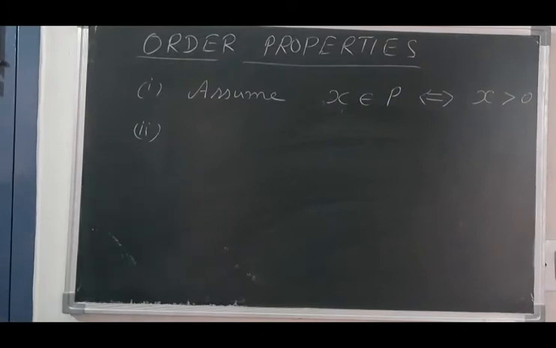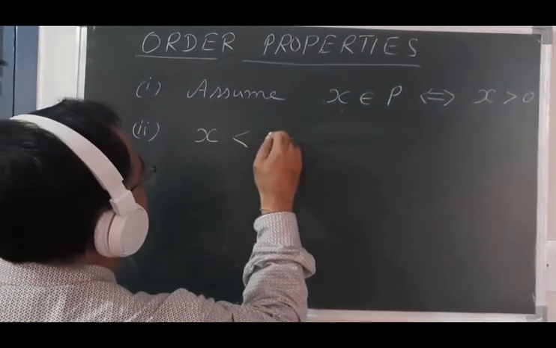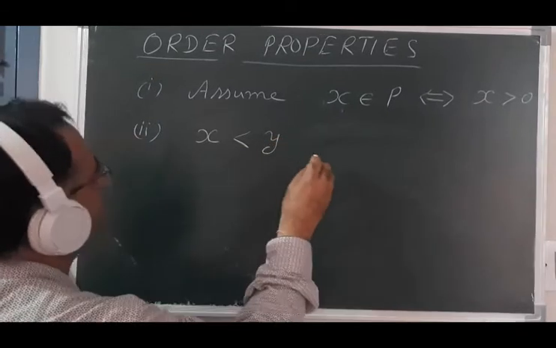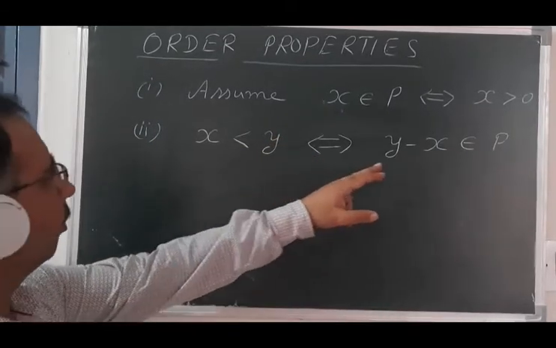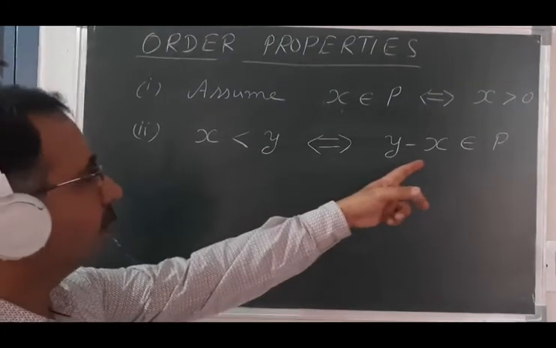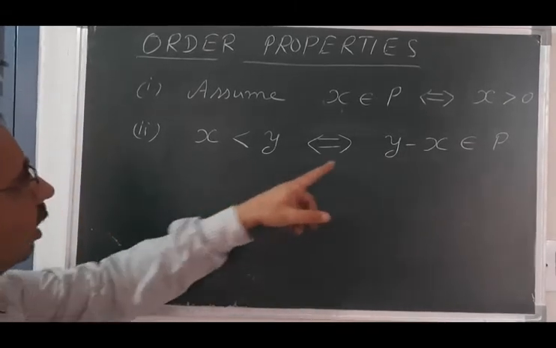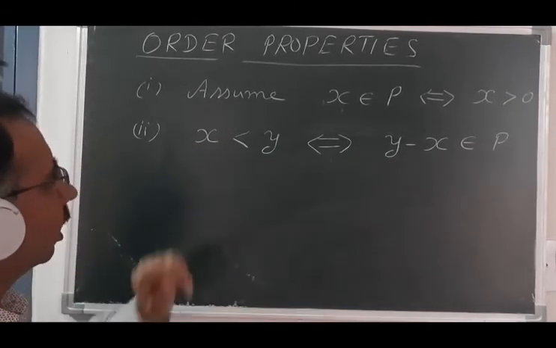Second is x is less than y. This will happen when y minus x is element of P, or if y minus x is element of P, it will mean that this y is greater than x.